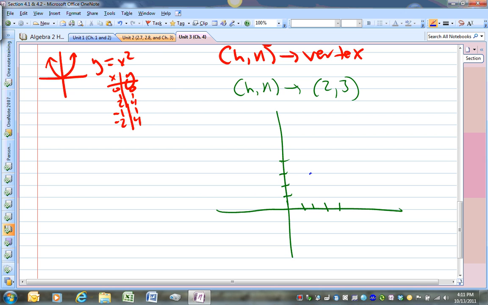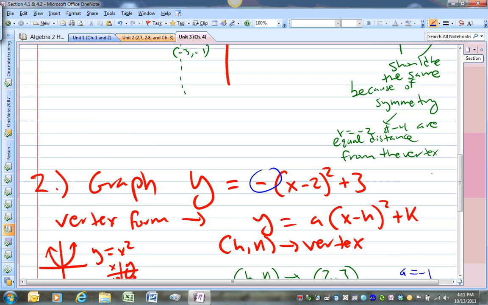Here's 2, 3. It says a is less than 0, it opens down. Because our a in this problem is going to be negative 1. According to that right there.